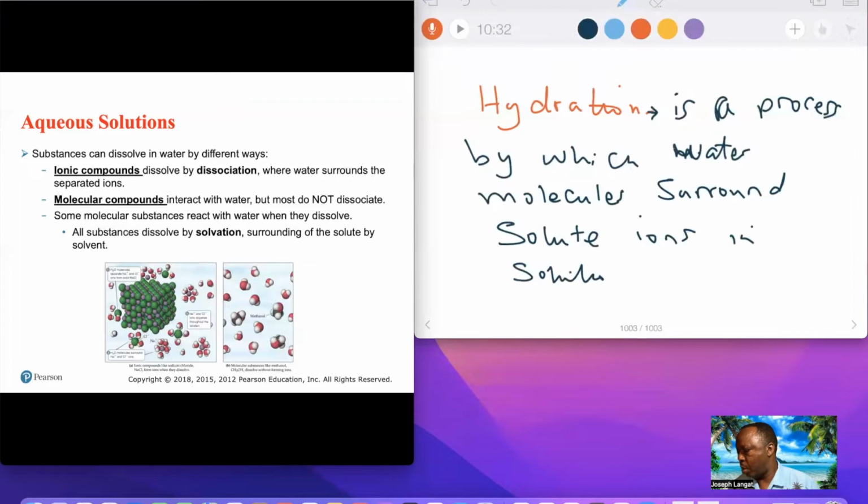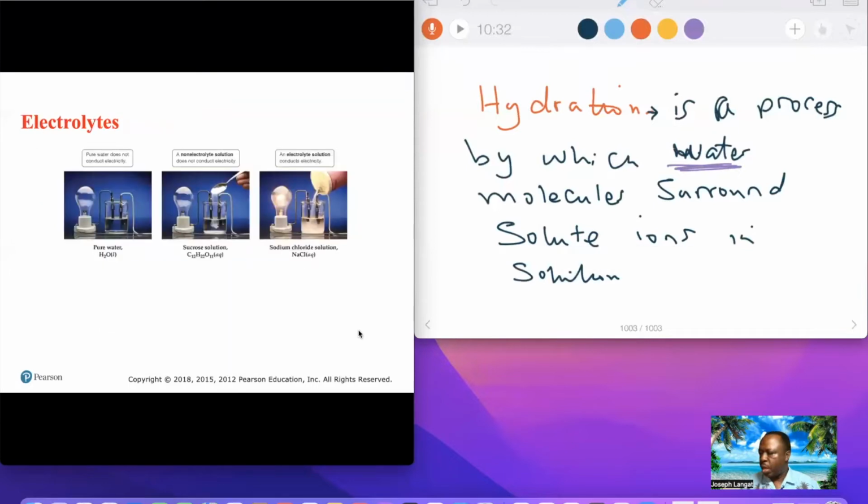If you are using H2O, we say hydration, but if it's just a general solvent, we say solvation. Now, I need you to be able to distinguish between solvent and solute.